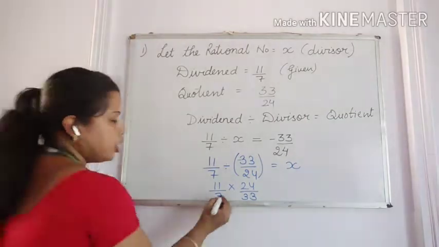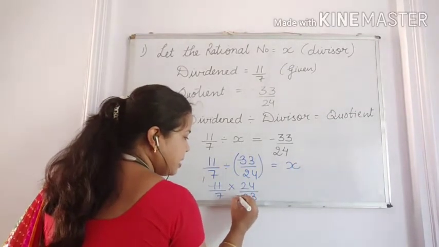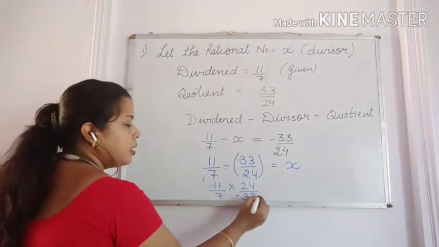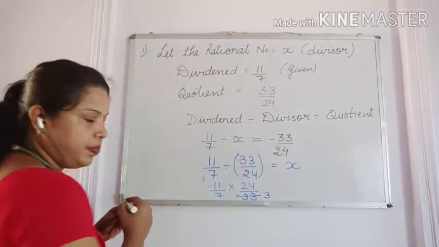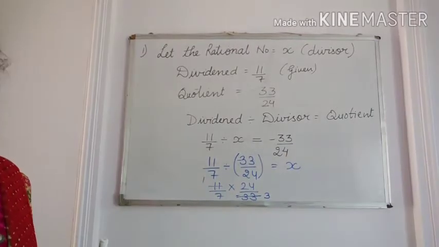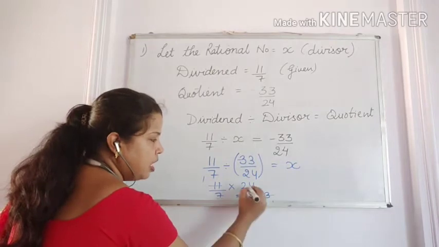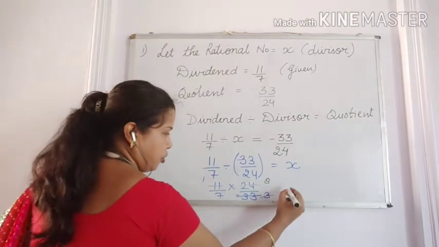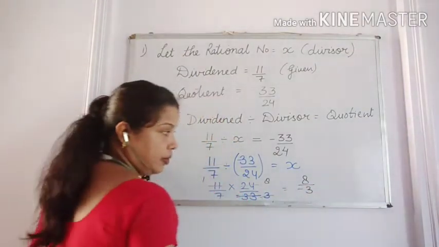So here 11 ones are 11, and 33 is 3 elevens, that is 3 here. Again divide this 3 by this 24. 3 ones are 3, or 3 eights are 24. Answer will be 8 upon minus 3.